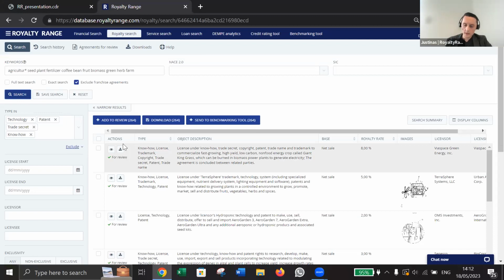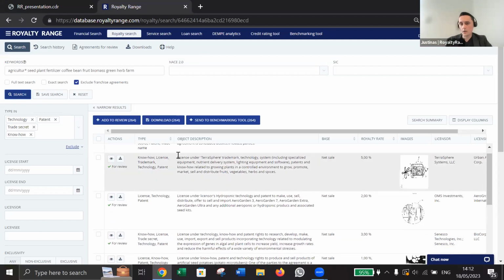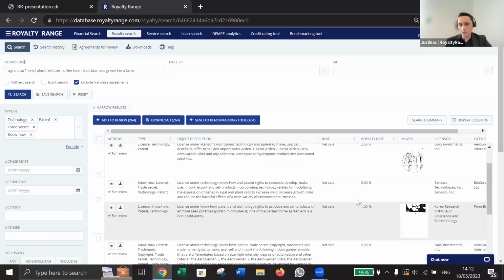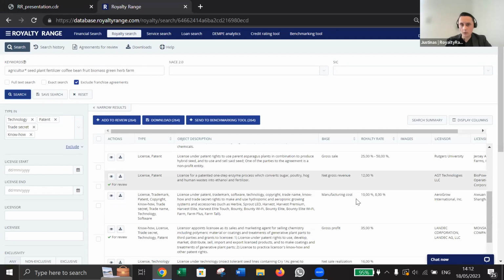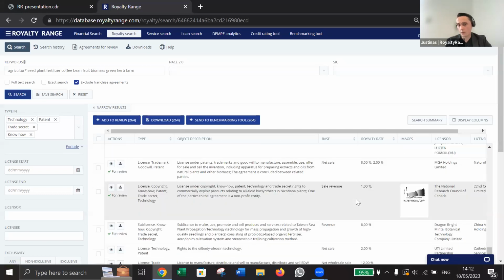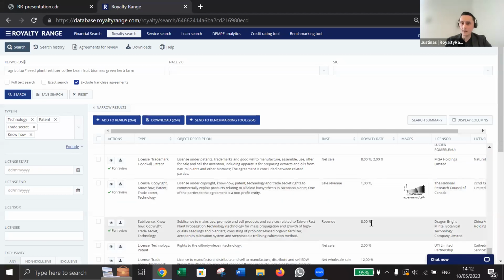And as we discussed in the beginning, it is very important to have high quality and detailed information. From the screen that I'm sharing, you can see that in our database, each agreement has royalty rates, no undisclosed, no redacted royalty, so the percentage is always visible. And in the end, this is what we will use for calculations for financial analysis.